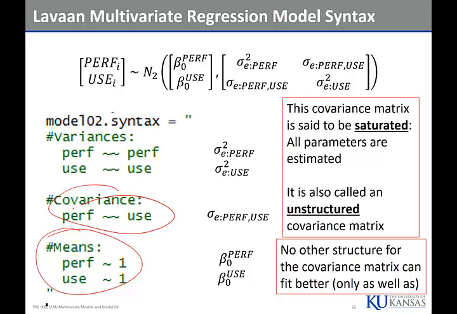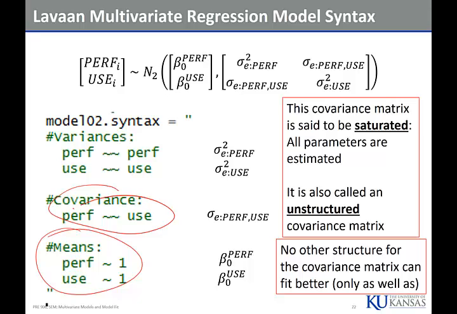Everything's estimated. In fact, with a multivariate normal, you cannot get a model that fits better than this. This has to be the best model fit because there are no more parameters you can have. There are 5 total parameters possible, and we're estimating 5. We can't estimate more parameters than we have spots for them. So this is a saturated covariance matrix.